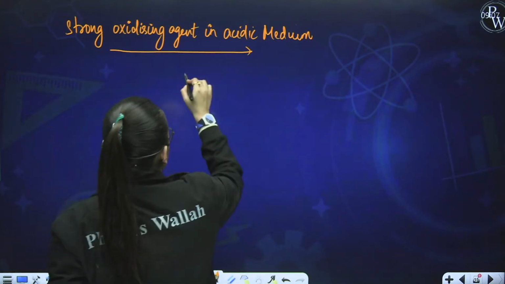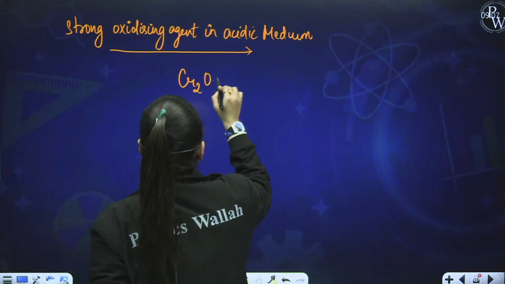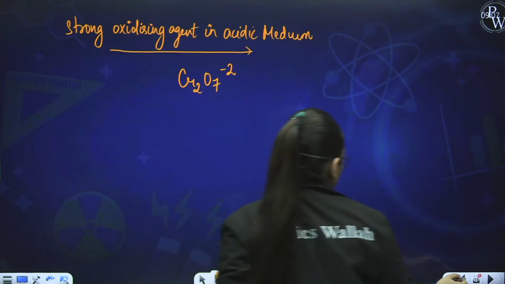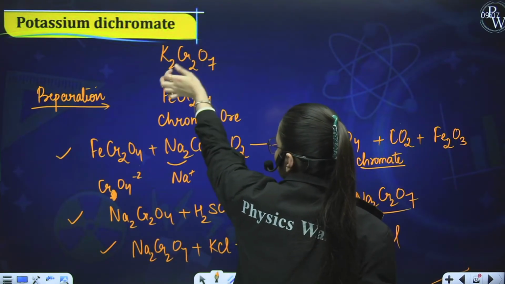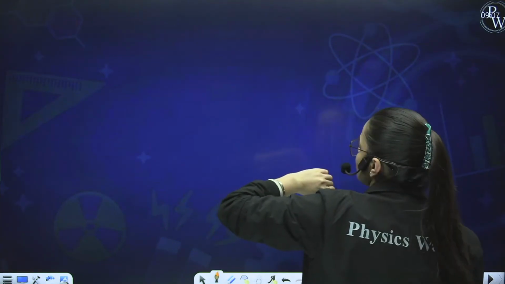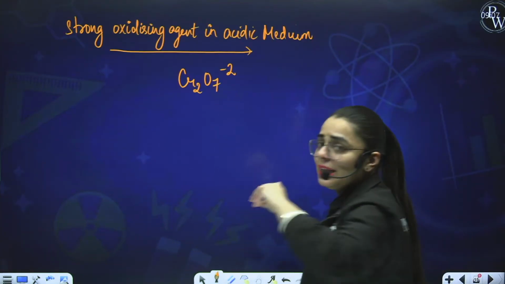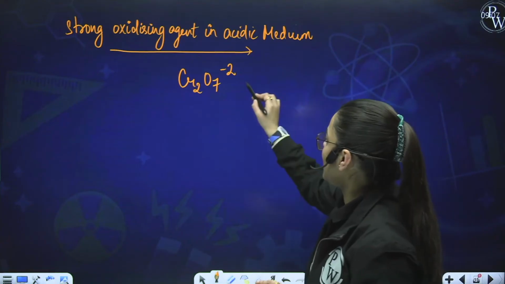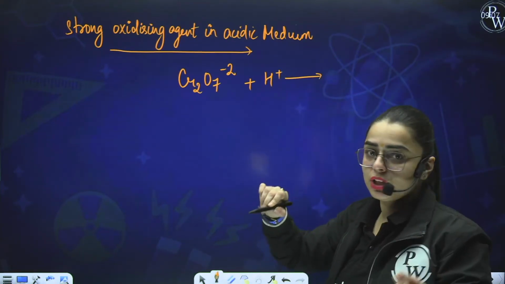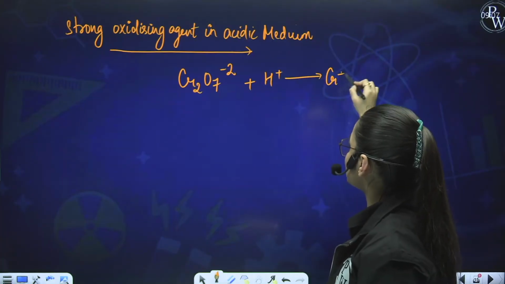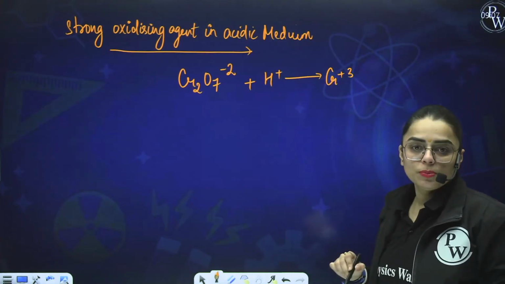How? See, dichromate ion is Cr2O7 minus 2. We have just seen that here it is K2Cr2O7, that means Cr2O7 minus 2. So, if I talk about dichromate ion in acidic medium, that means in the presence of H positive, whenever a reaction is given to you, it will liberate Cr plus 3, chromium plus 3.